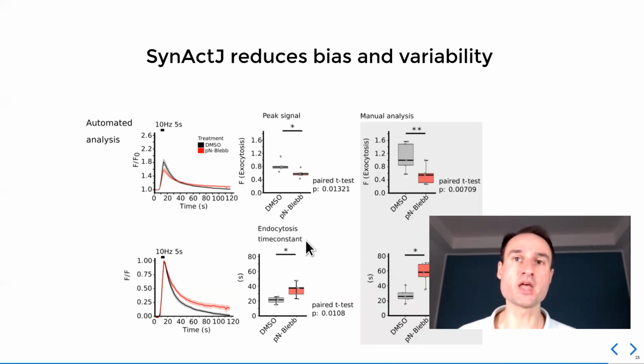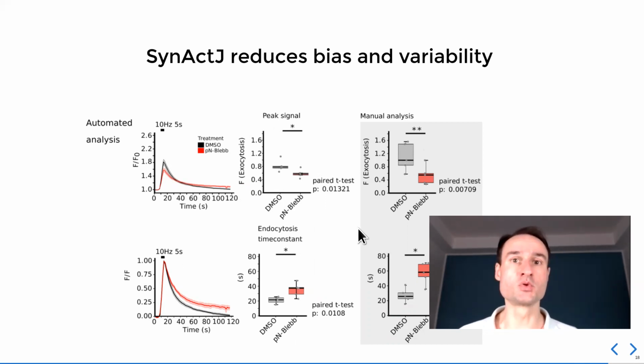When we now compare this automatic analysis directly with the manual analysis, we see that we detect lower peak signal in the automatic analysis compared to the manual analysis, particularly in the DMSO control.